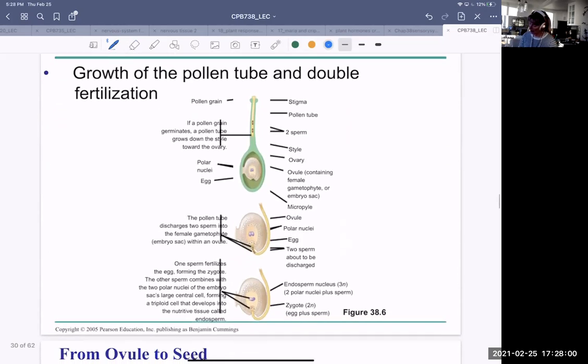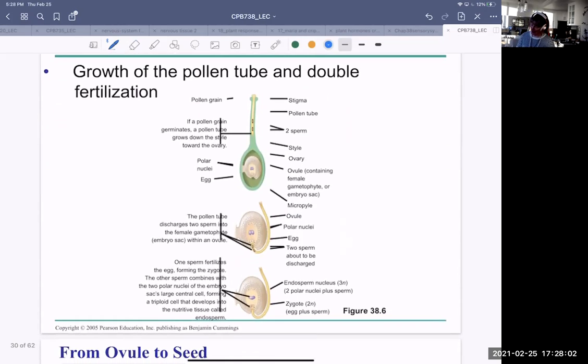So the growth of the pollen tube is quite interesting. It has been shown that in the reproductive structures, once a pollen grain lands and the tube starts to grow, the reason for the growth is probably due to cytoplasmic calcium.